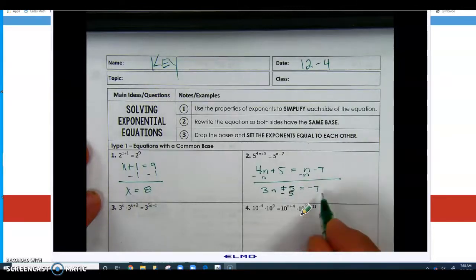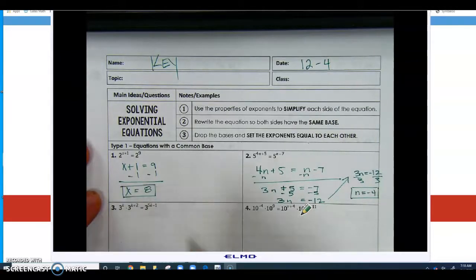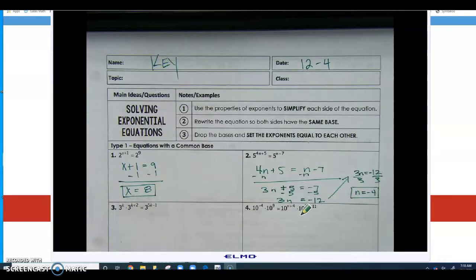Subtract 5 from both sides. 3n equals negative 12. Divide both sides by 3. n equals negative 4. Okay?